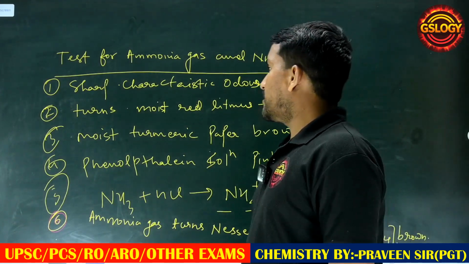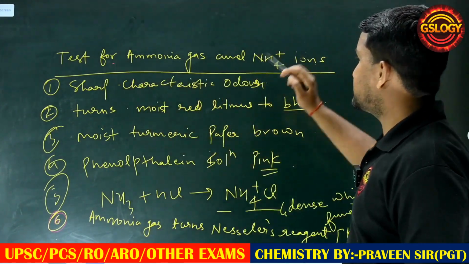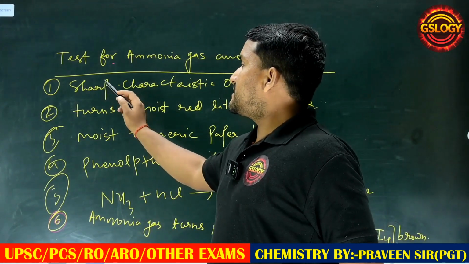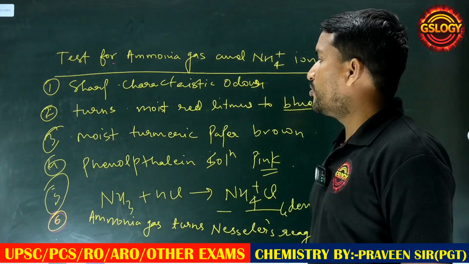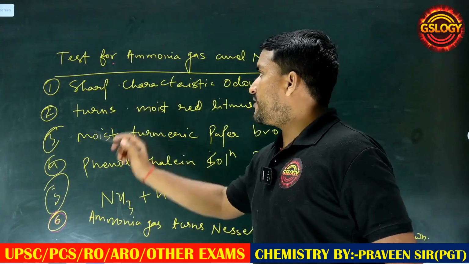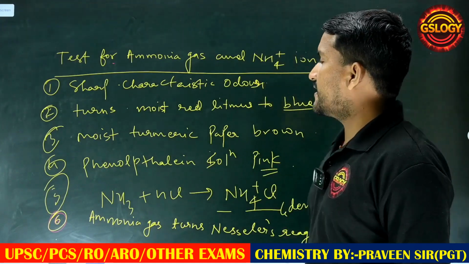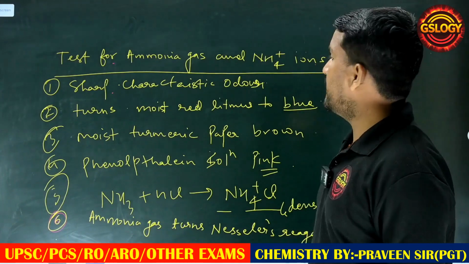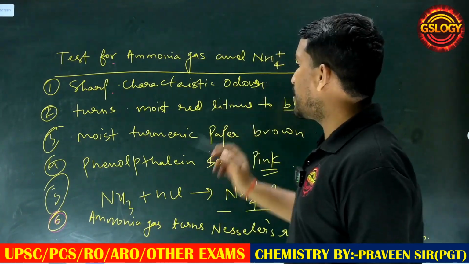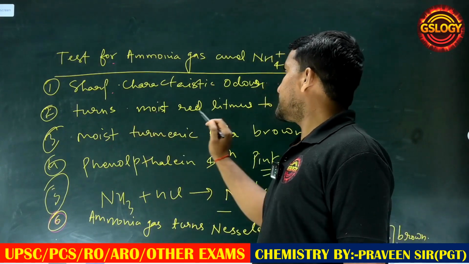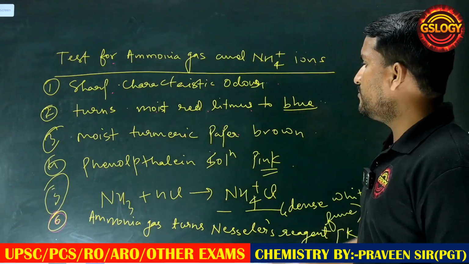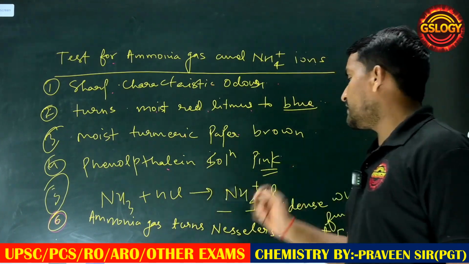Next topic is the test for ammonia gas and ammonium ion. Ammonia has a sharp characteristic odor, turns moist red litmus blue, turns moist turmeric paper brown, and turns phenolphthalein solution pink.